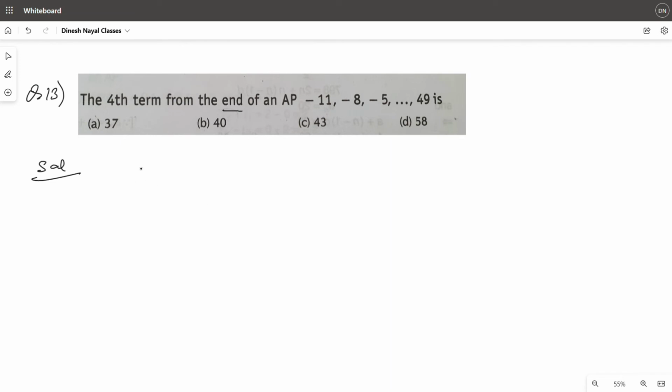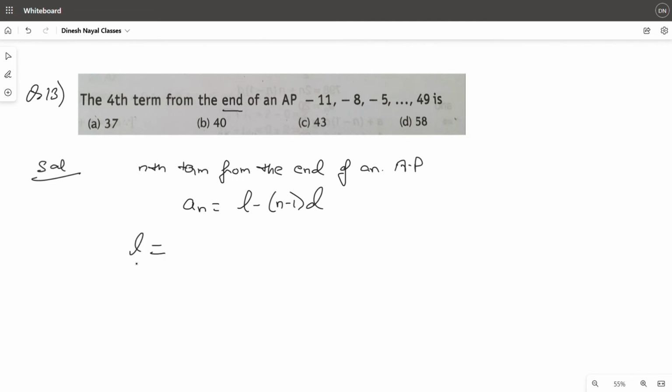First of all, writing the formula for the nth term of an AP from the end: an equals L minus n minus 1 into d. Now we know that L is the last term, so L is 49.